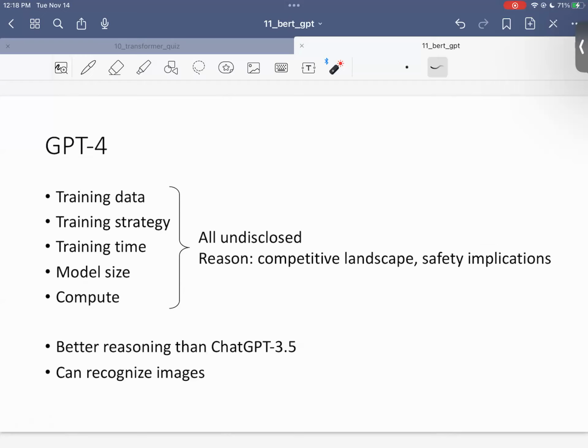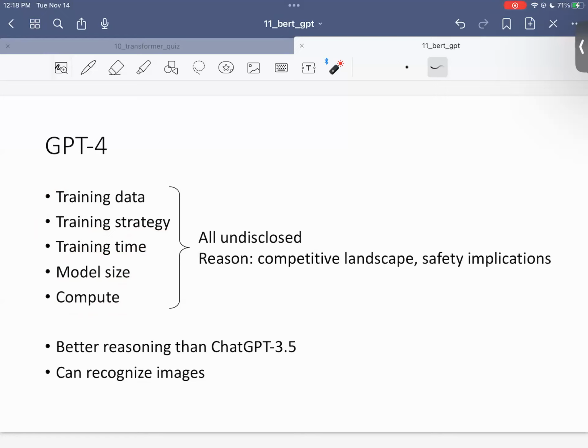GPT-4. Starting from ChatGPT, they were not revealing any information, but for GPT-4 they did write a technical report. Still, all these details, like training data, training strategy, training time, model size, compute, and hardware resources, none of them were revealed in GPT-4's technical report.